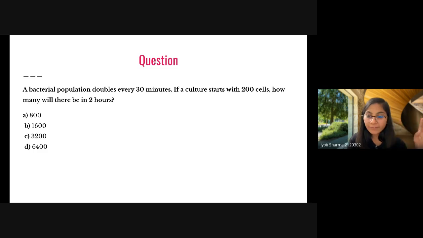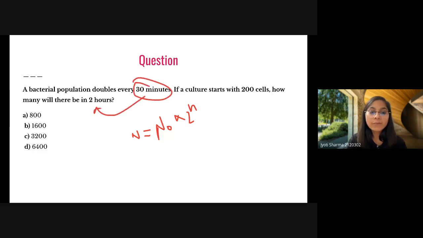Okay, so the n value will be 4, and N0, the number of cells that we had initially, is equal to 200 cells. So what you need to calculate is N, the present number of cells. N is equal to N0 multiplied by 2^n, where n is the number of generations, and from 30 minutes to 2 hours we have a total of four generations, right?